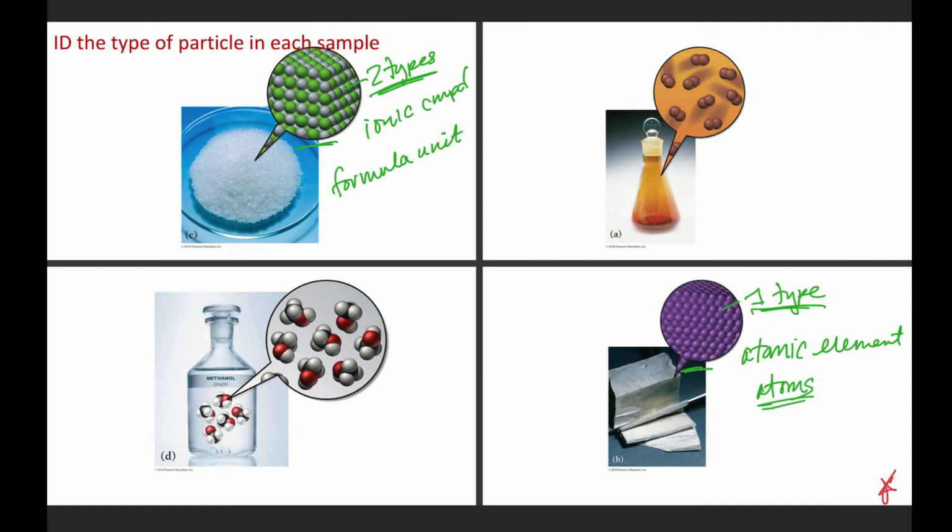Then we'll look at these next two for contrast. Here we have discrete particles that are made up of more than one atom, but again, here we only have one type of atom. Here we have three types. So if this is only made up of one type of atom, we know that it must be an element, and specifically a molecular element, which means that its particles are called molecules.